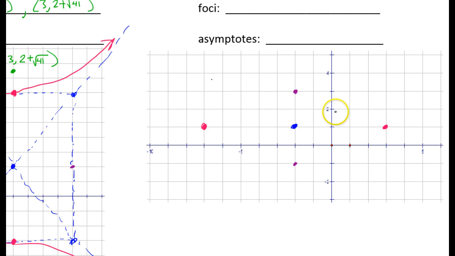Now that I have the vertices and co-vertices, I'd like to go ahead and sketch the hyperbola. But first I'm going to need the asymptotes. So let's draw the rectangle that passes through the vertices and co-vertices. Draw this rectangle as a dotted line, because that shows you what the asymptotes are going to be. The asymptotes should go through the diagonals of this rectangle.